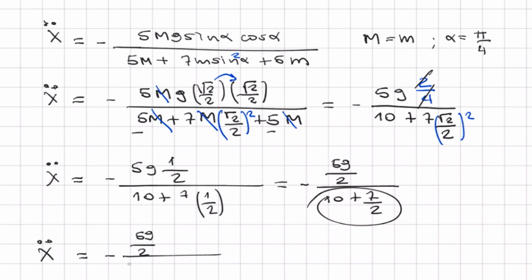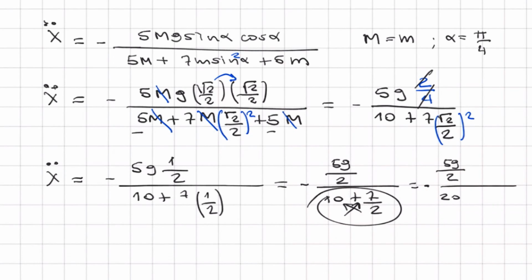This is 10 plus, this is 20. I don't have enough room here, so I will go to this part. 5g dividing 2 minus, this is 20, right? Because I have to multiply this, plus 7 dividing 2.